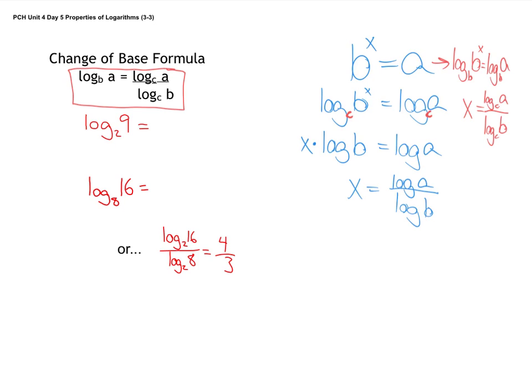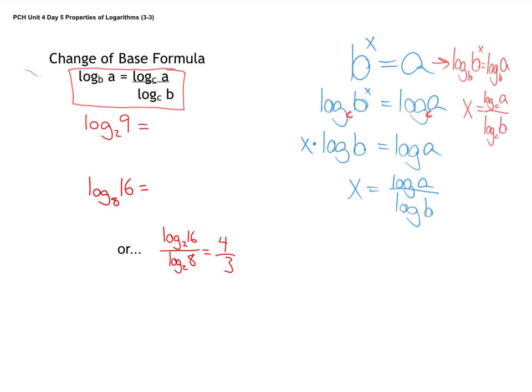Let's actually look through these couple examples here, and I think you'll see why. Did the base change from b to c, or is that the same number? No, it changed from b to c. Like it was a log base 3 of 7, so we changed it to a log base 10 so that we could punch that into our calculator.